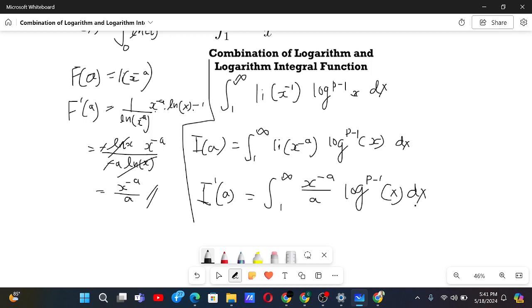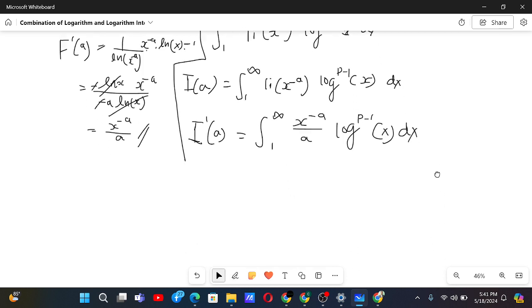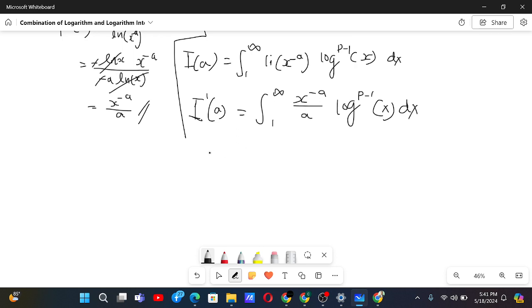Now how do we begin solving this one? We can take a outside, and we have I dash of a equals 1 by a times the integral from 1 to infinity of x to the power minus a, log to the power p minus 1 of x dx.